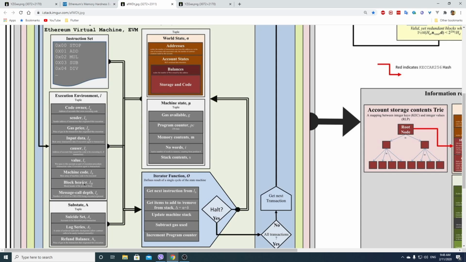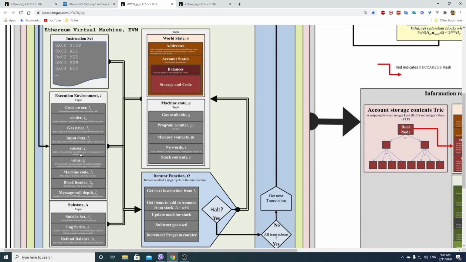So that is basically your context. So what do you have? Well, you have whoever creates that code, who sent the transaction, how much the gas price is, and the data that was sent with the transaction.